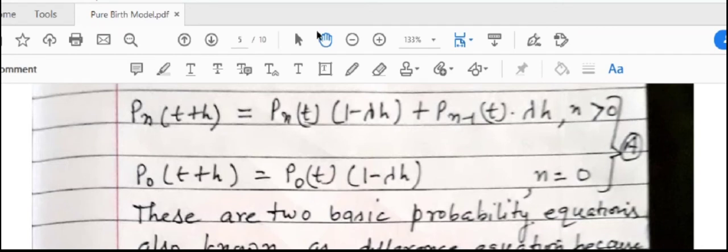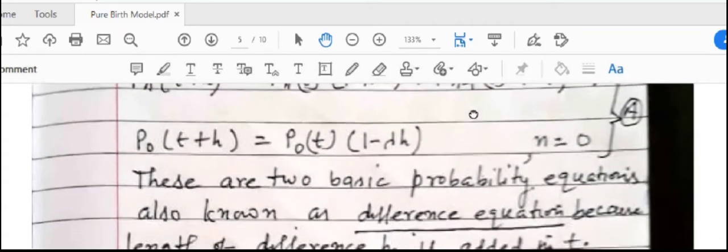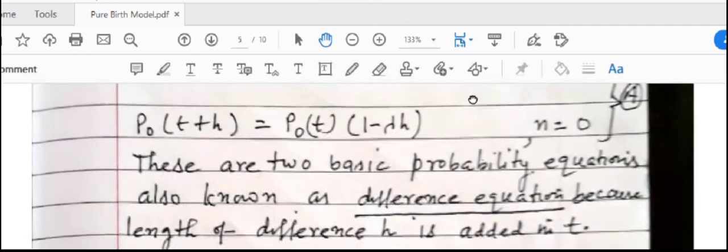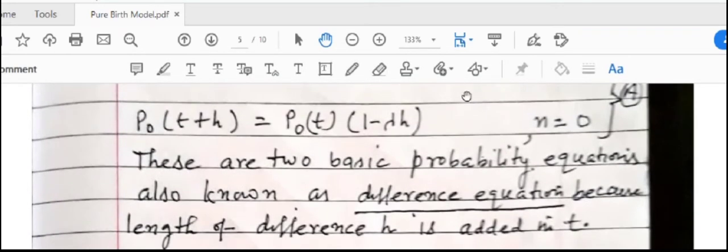So this is the set of basic probability equations, denoted by A. These are two basic probability equations, also known as difference equations. Why are these known as difference equations? There are two variations. In the discrete sense, you are taking n and then coming to n minus 1, so there is a difference of 1.